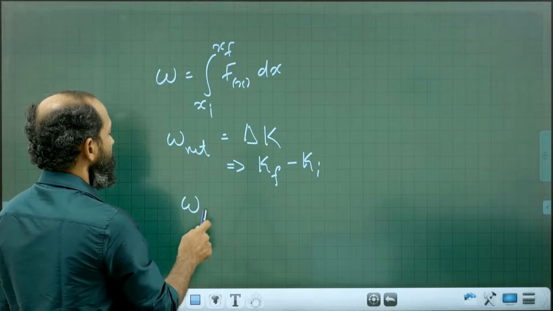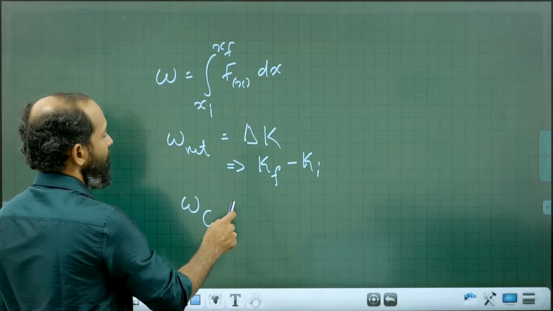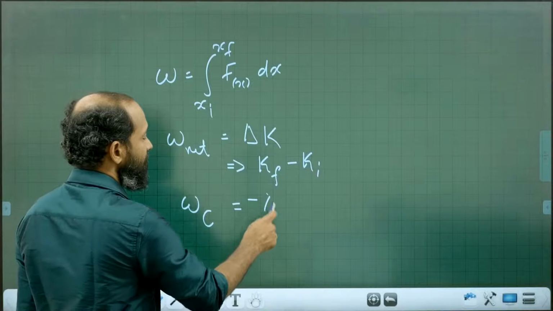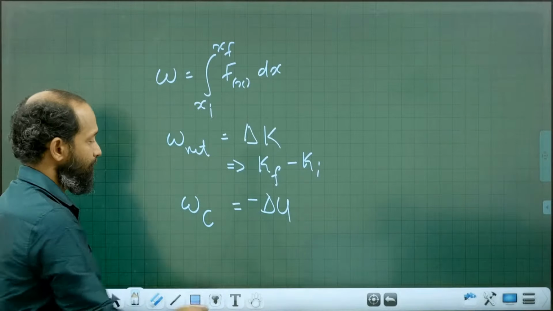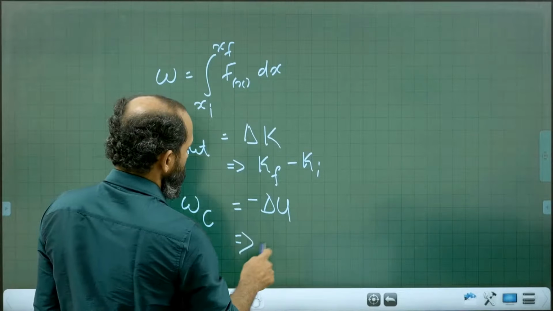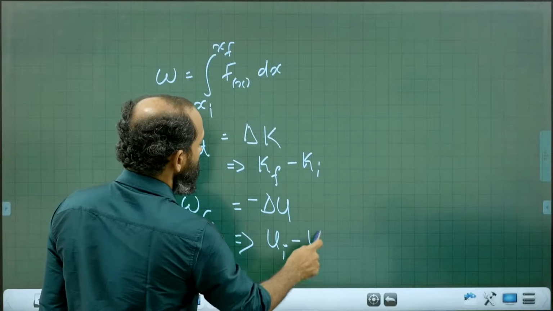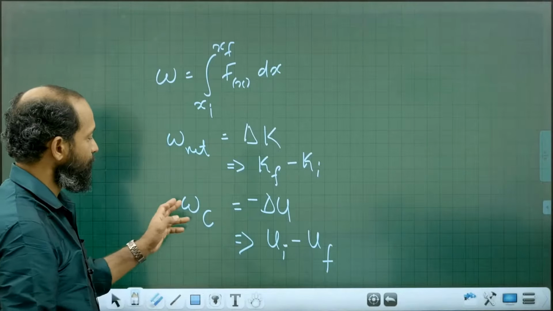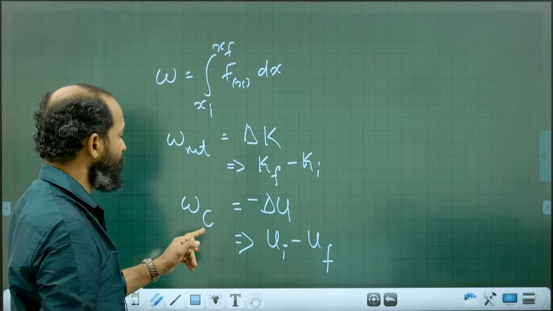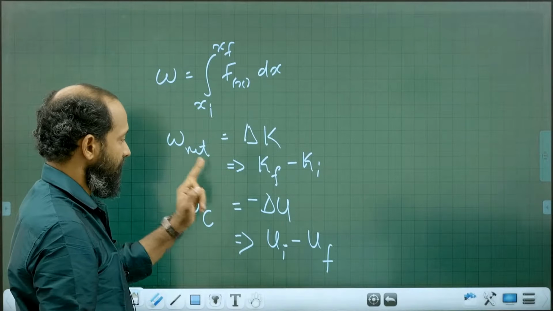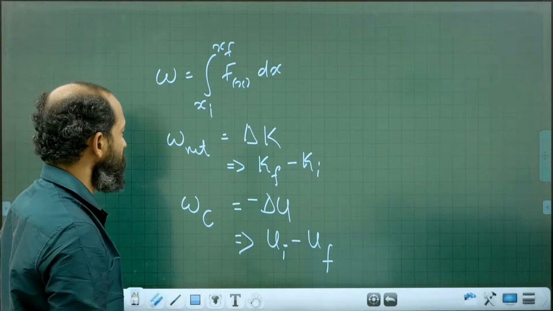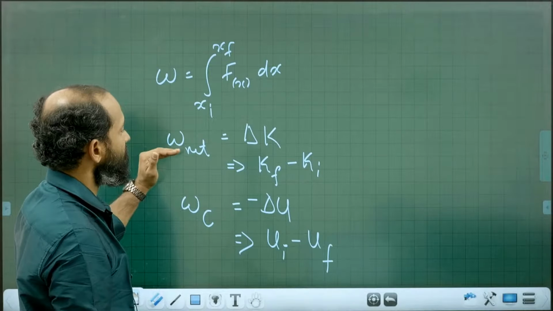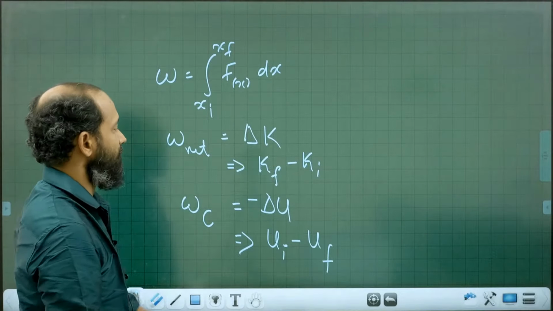Work done by a conservative force is the negative of change of potential energy. That implies U initial minus U final. So W C, work done by a conservative force, appears as the negative of change of potential energy. Work done by net force appears as final minus initial kinetic energy.